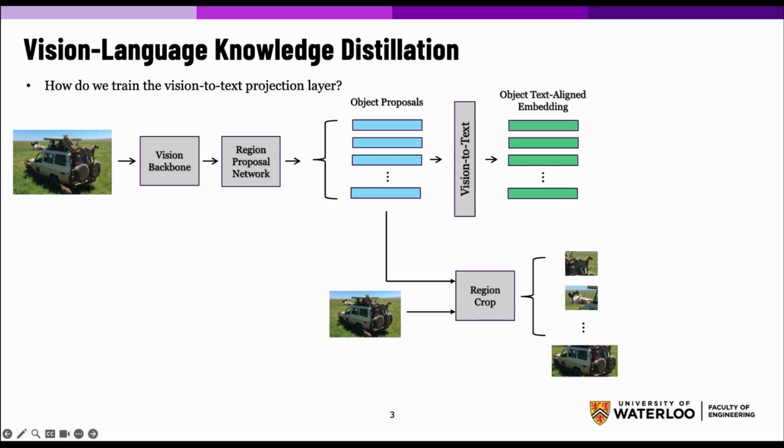Like I mentioned before, we start with the image itself. We produce the object features, right? And I mentioned that these encode the image, the object region, as well as the class. So we can actually decode the information from the object proposals and extract the region of the object.